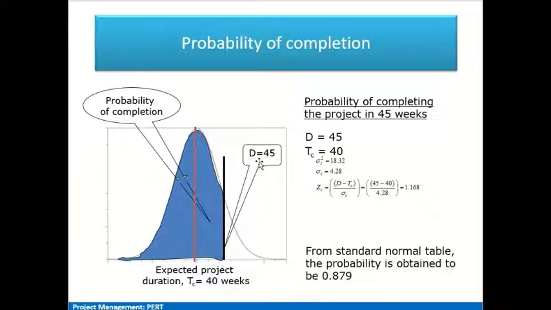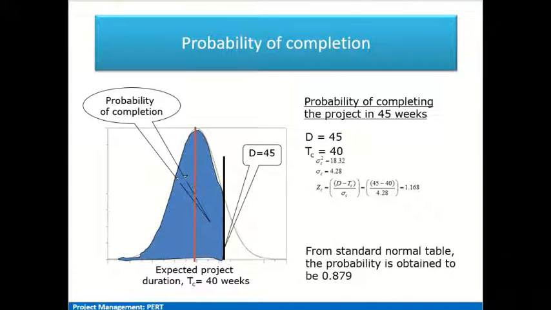So summarizing in a nutshell, projects are associated with uncertainties, and uncertainty comes from the fact that there are a large number of activities involved, and some of them are very unique. There is no prior experience, no prior estimation of those activities. Because of that, we get uncertainty in project execution.